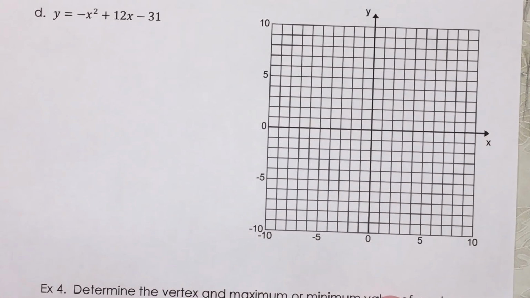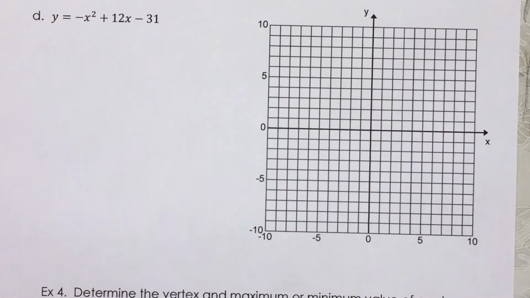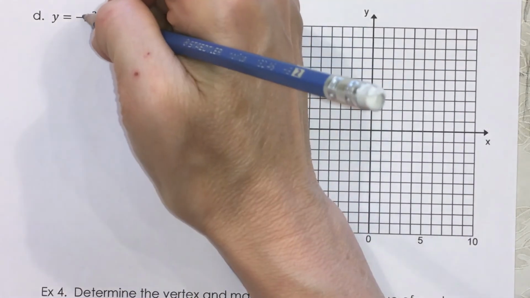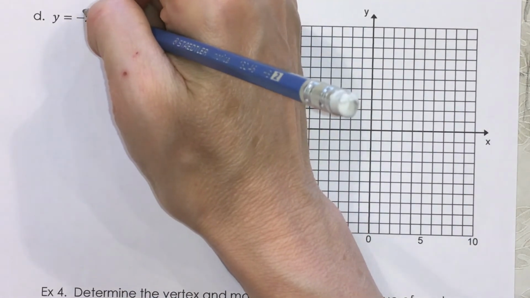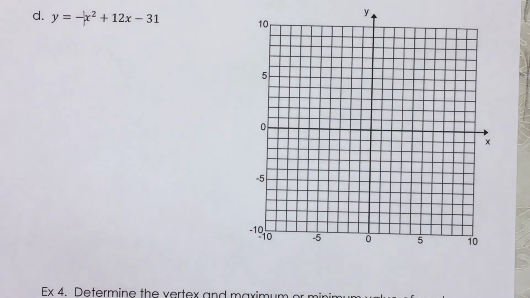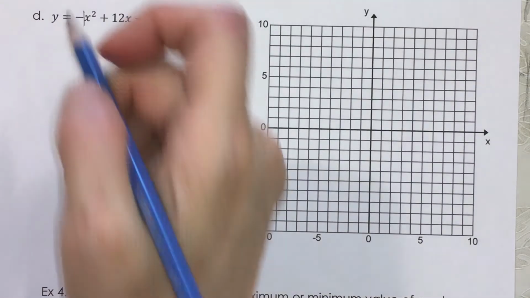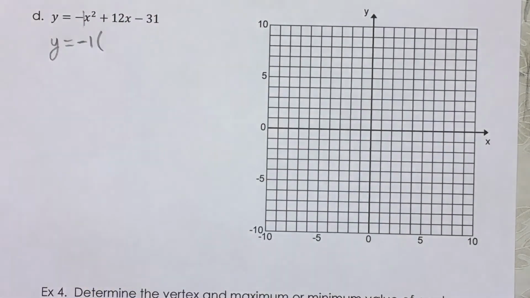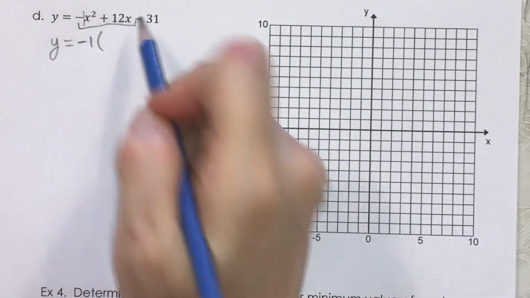All right, D. Y equals negative x squared plus 12x minus 31. So this one, it maybe doesn't look as hard as the last two were, but because the a value is negative 1, not just a positive 1, we still have to do the same steps. But we would common factor out negative 1 from the terms containing x.